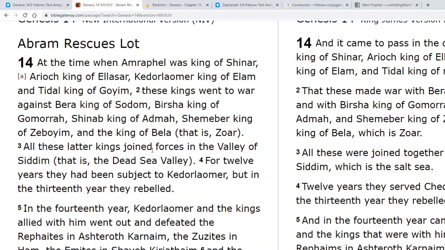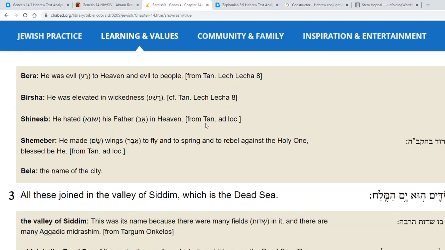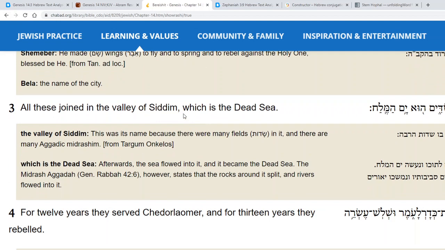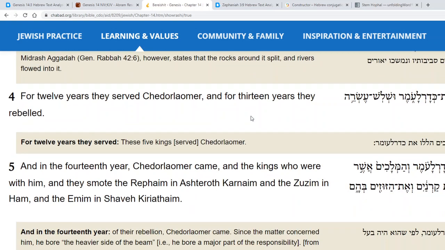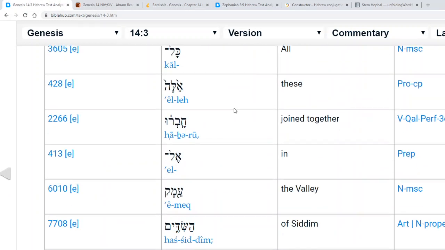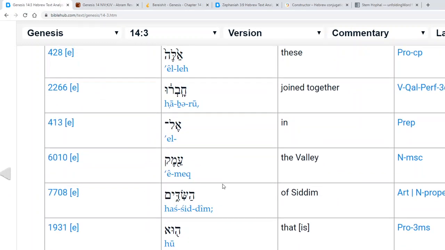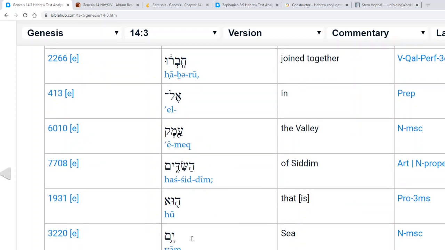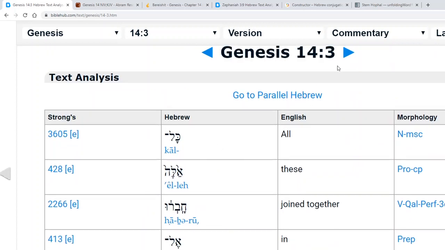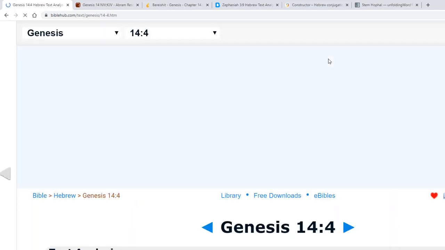All these latter kings joined forces in the valley of Siddim, that is, the Dead Sea Valley. So I like that better. Let's see what Chabad says. All these joined in the valley of Siddim, which is the Dead Sea. Right? And Rashi says similarly. You can look there if you like. So this valley was called Emek Hasidim, and it became the Salt Sea, right? So when we talk about it, that's the Salt Sea. Okay.